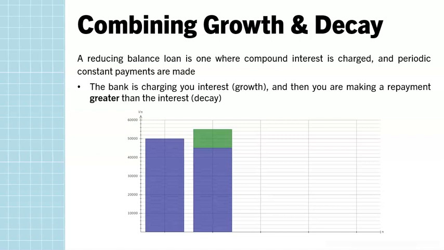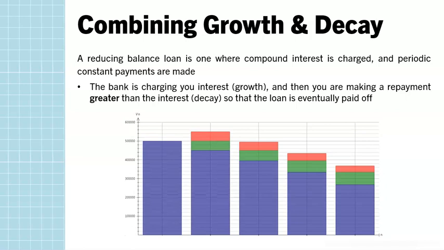Then, in order to pay off the loan, we're making a periodic or consistent payment, a constant value, which is greater than the interest being charged. And so the overall effect is that the new balance of the loan will be less than the previous balance.